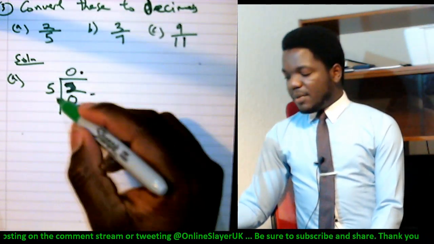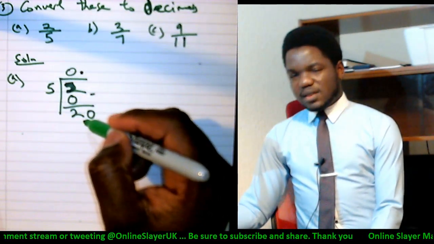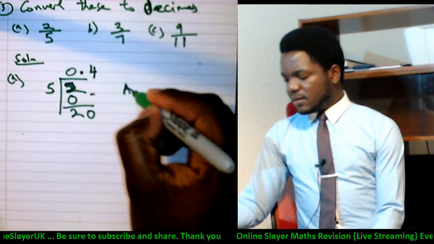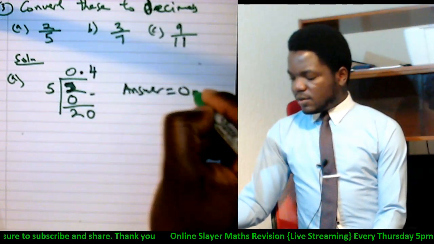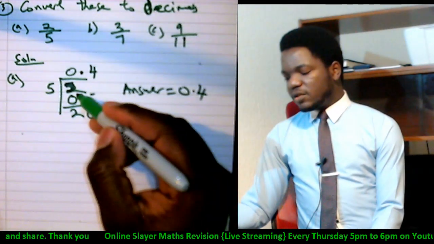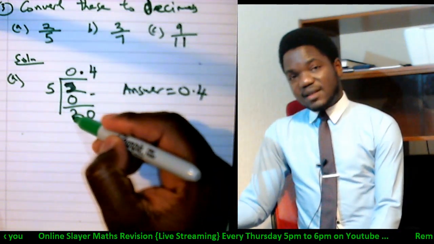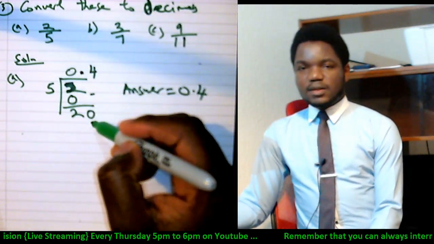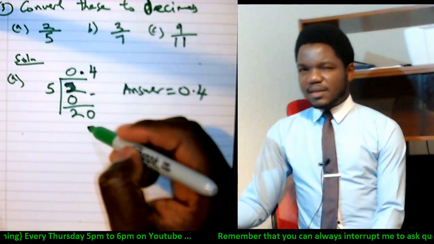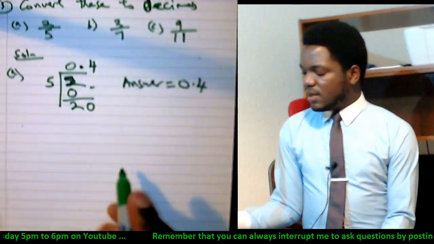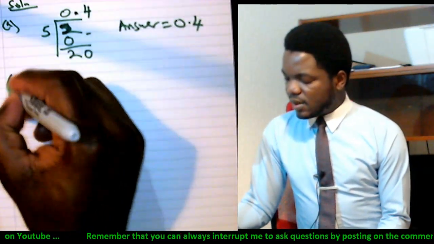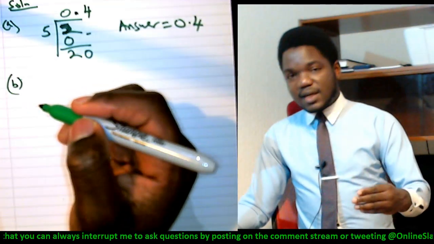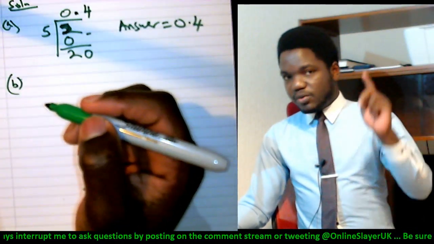How many 5s do you get in 20? 4. So the answer is 0.4. If you get the same number again as the remainder, you put a decimal point and put a 0 there. It's like saying we're not going to repeat the same step again, and that's just common sense. So we don't want to repeat the same thing.